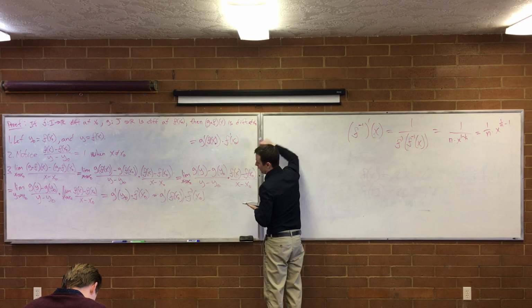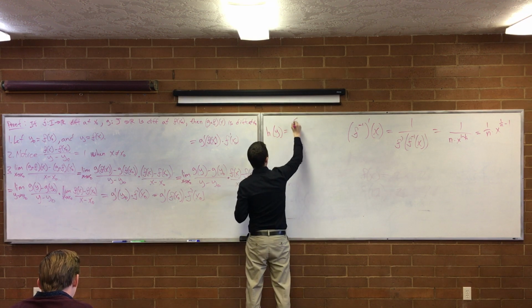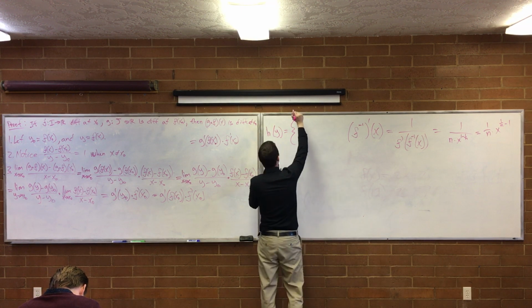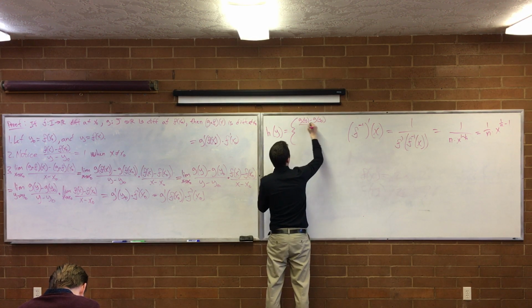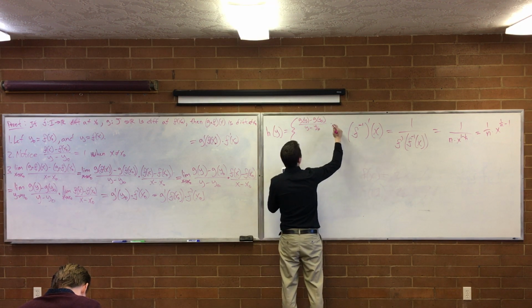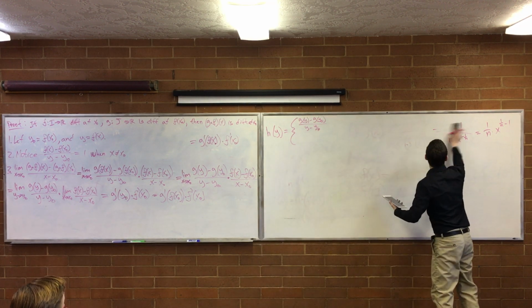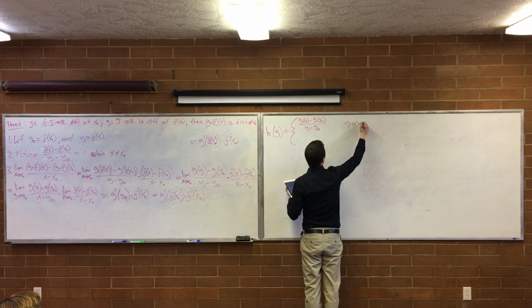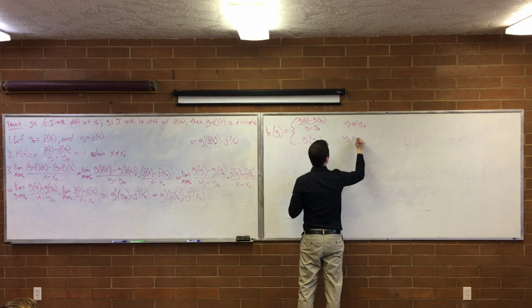So, or h of y, since we have it written in terms of y. So we're going to define h of y is equal to g of y minus g of y naught over y minus y naught, when y is not equal to y naught, and we're going to define it to be g prime of y naught when y is equal to y naught.